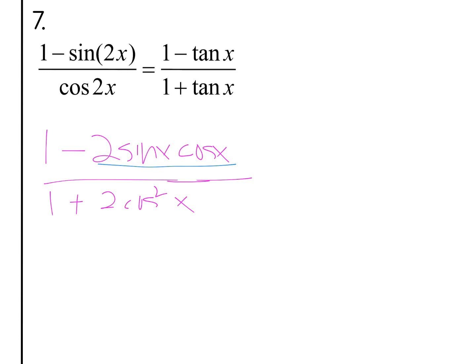So I'm just going to divide it by 2 cosine x to force it to do that. Obviously, if I do that there, I got to do that here. And I also have to do that here.